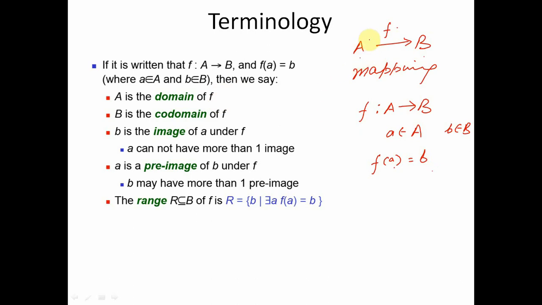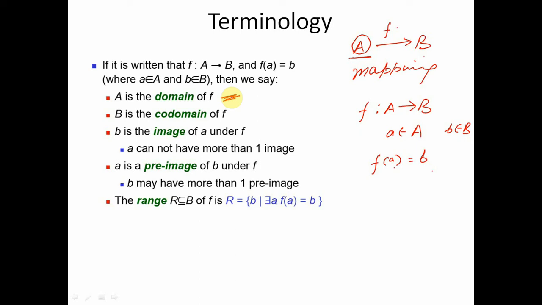The first set A is called the domain of the function. Now please pay attention, the terminologies are slightly different than that of a relation. The first set A is called the domain. Now please remember, in case of relation, it was the set of the first element of the pairs. But here, all the elements of the first set will be there in the function.